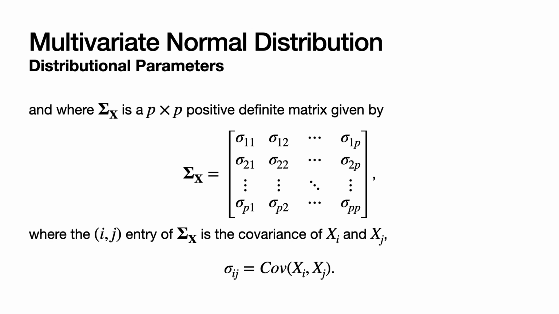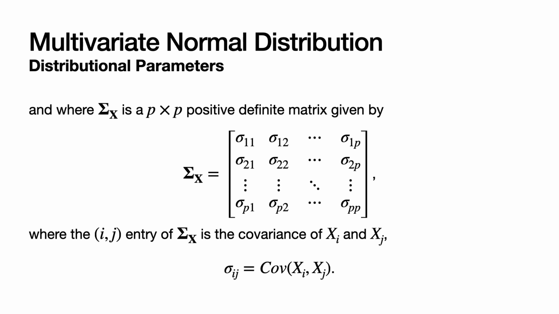And then finally, cap sig sub x, in this context, is a p by p positive definite matrix given by the following. And so cap sig sub x is the p by p matrix. It's a square matrix. And the ij entry of this matrix is the covariance of x sub i and x sub j.